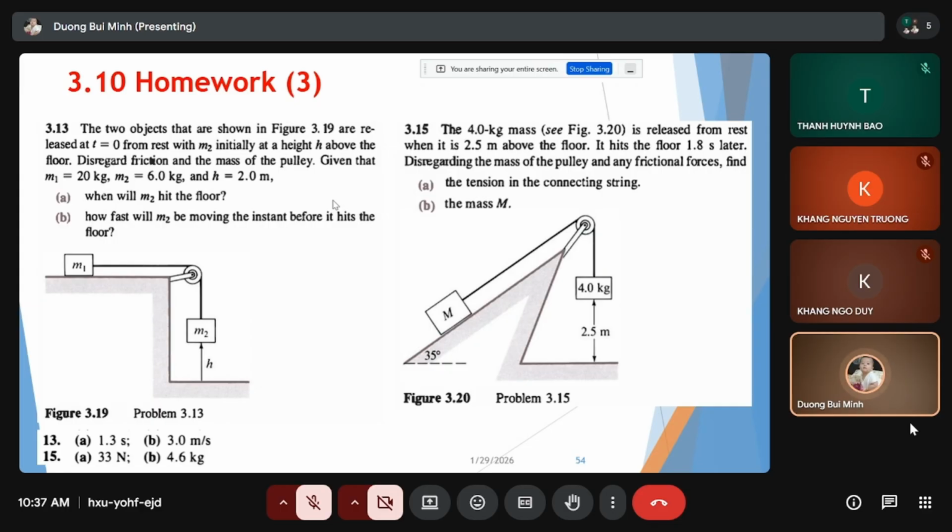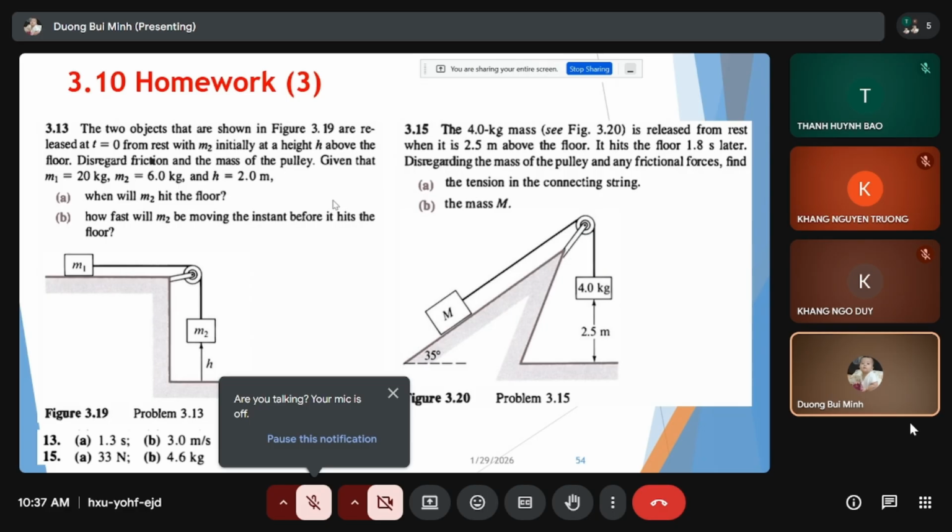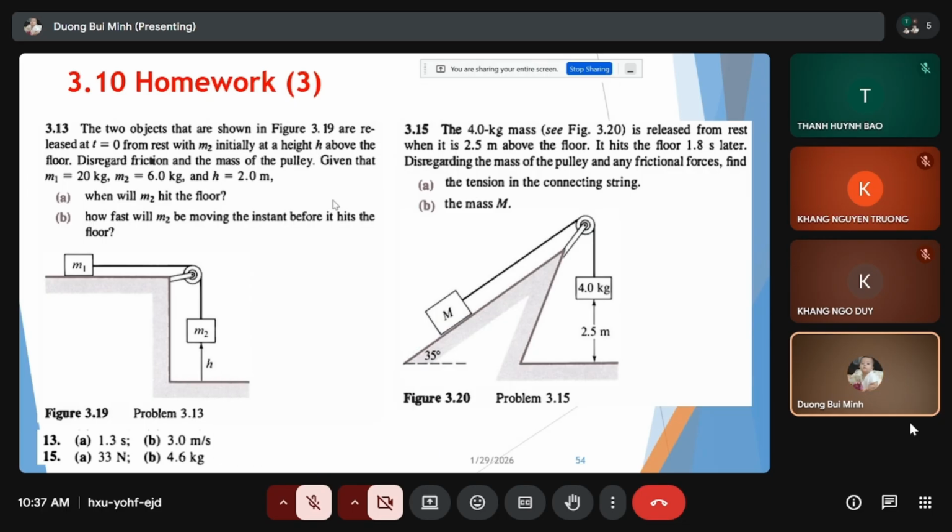Why do we know we have constant expressions? Yeah, no external force, right? No friction force, right? Okay, then we get here. This is just the formula, right? This is something from here.